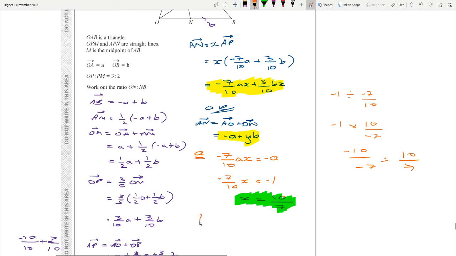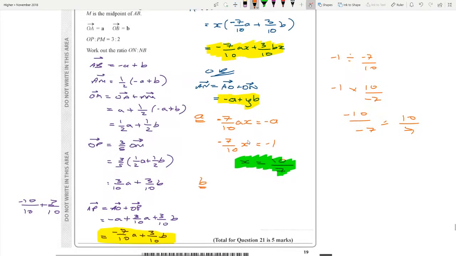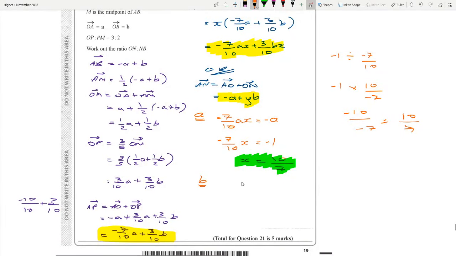Next, let's look at the b's. Let's compare the two b's together. In the first one we had 3/10 b, and in the second one it's yb. So we can write that down like this: 3/10 bx is the same as yb. Same process, let's solve this. We can divide both sides by b.